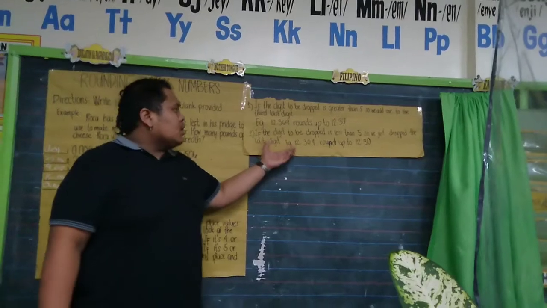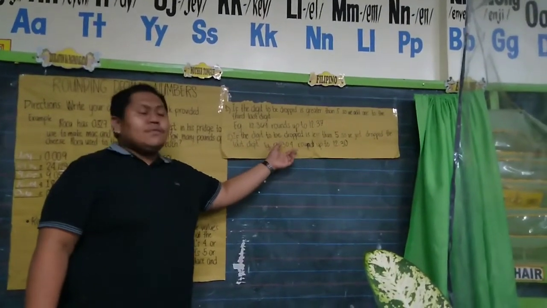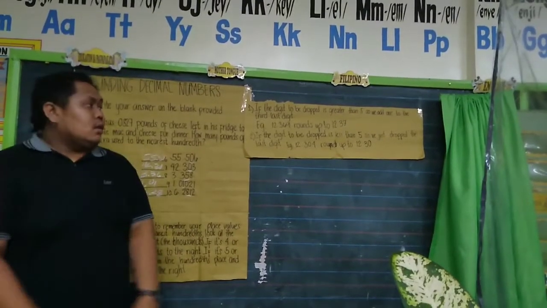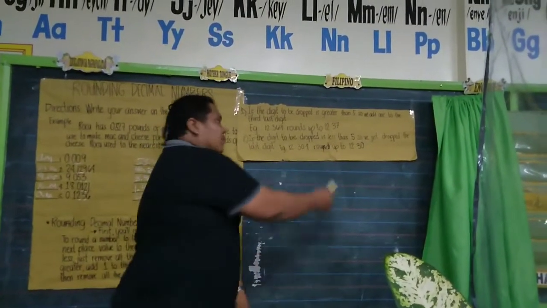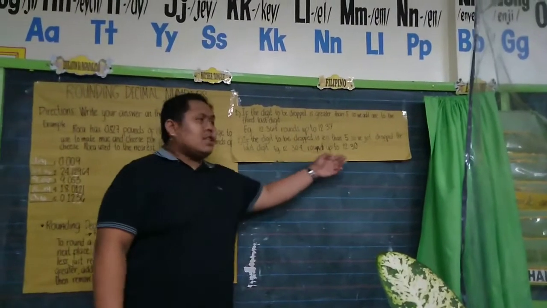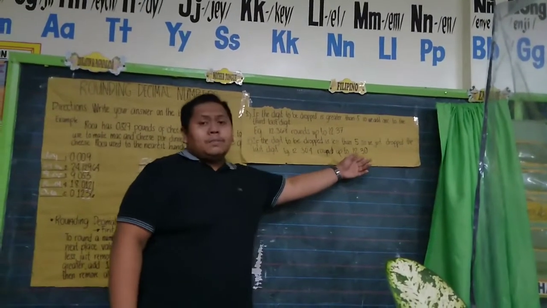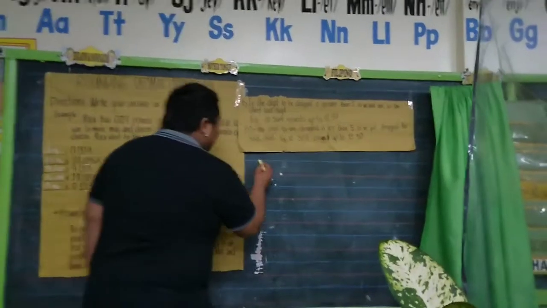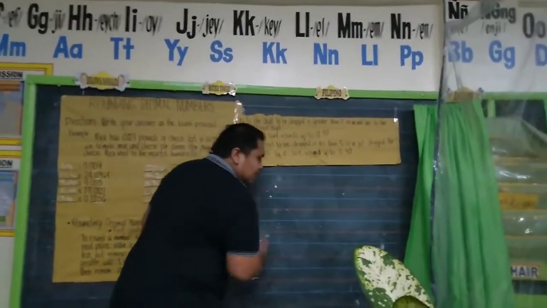Example, 12.304 rounds to what? The digit 4 is less than 5, so we drop it and the answer would be 12.30.